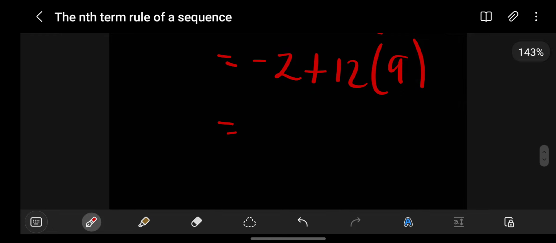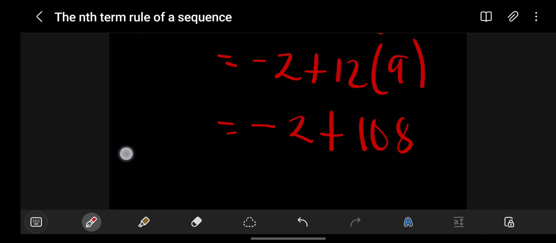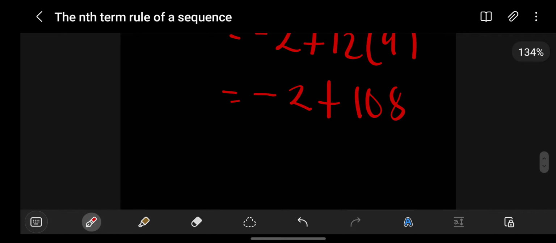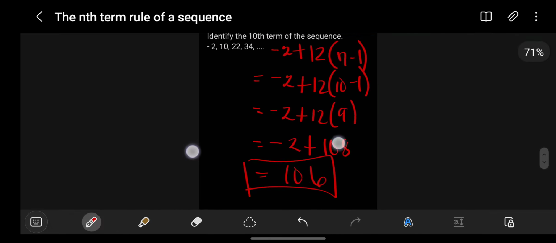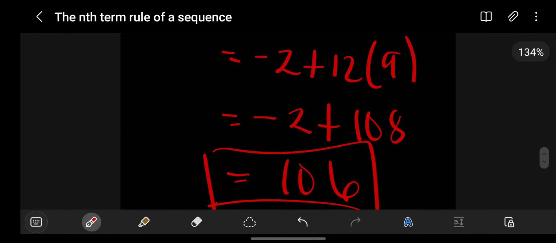And what's 12 times 9? That is 108. So 108, and then you have 2 pesos utang. Remember how to do that? What is the result? 106. So your answer is 106, or the 10th term of this sequence is 106.